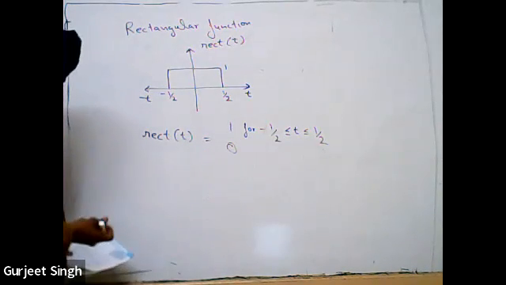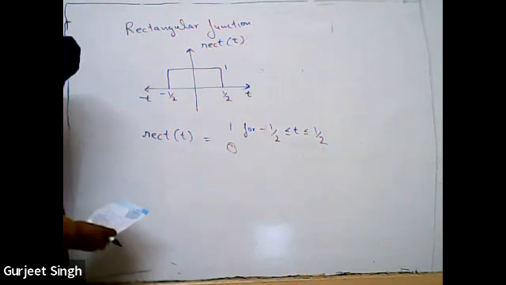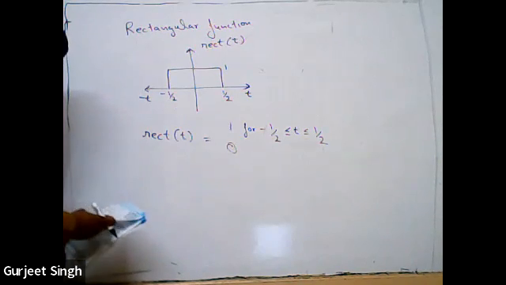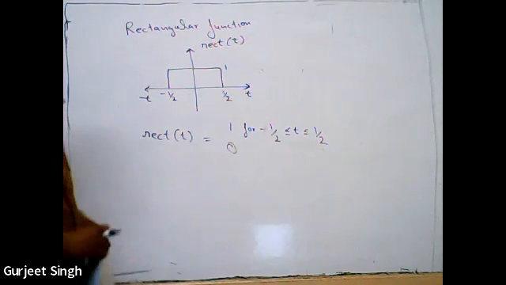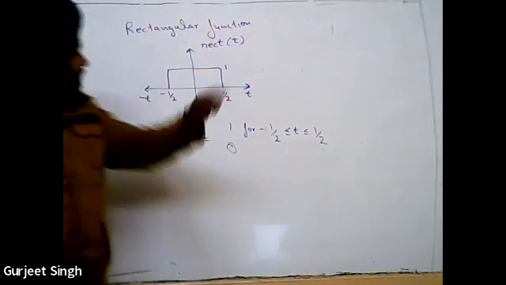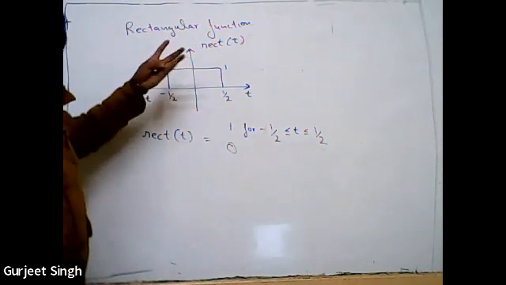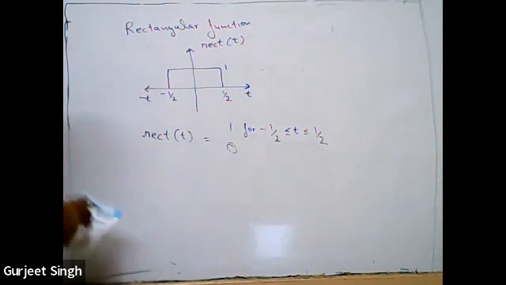So this is the rectangular function, and mostly we are using this function to solve the numerical parts of the type of signals or the type of systems we are using here.